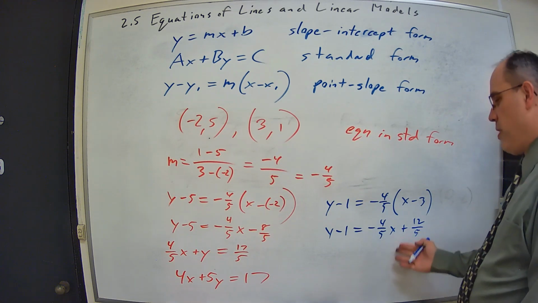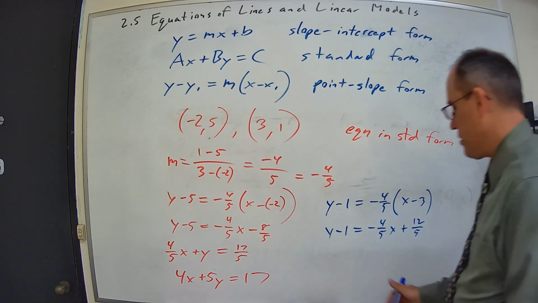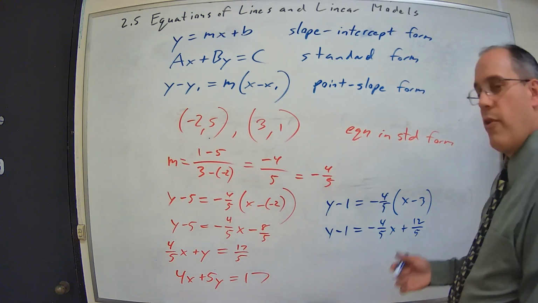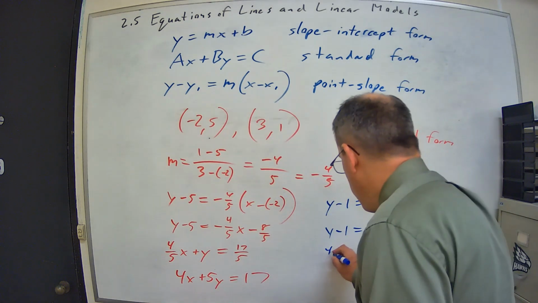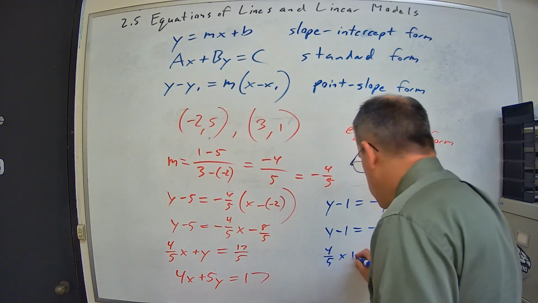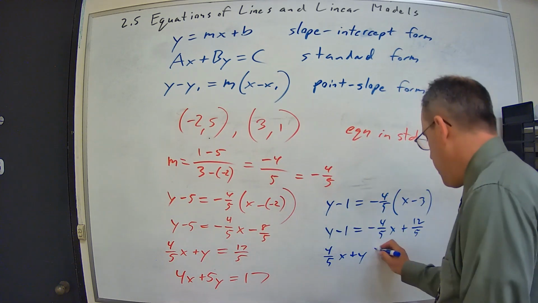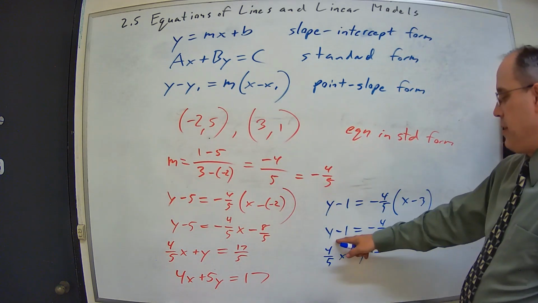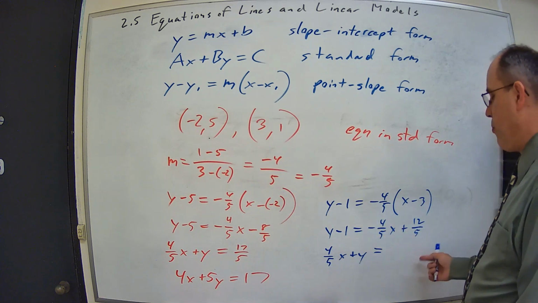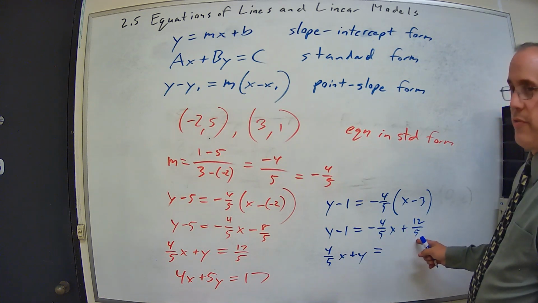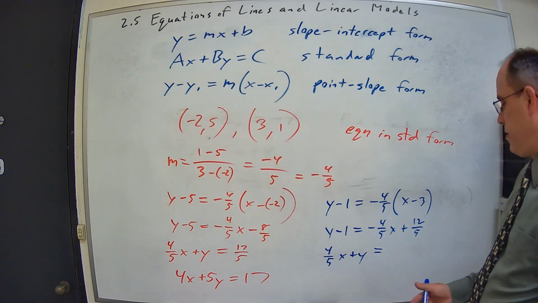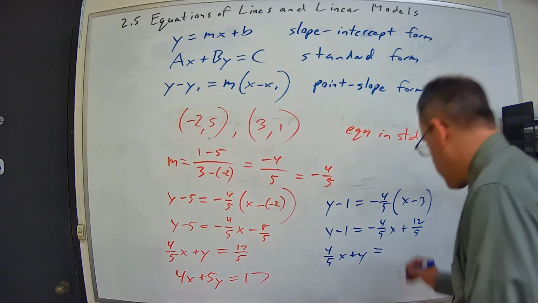I'm going to move the x over to that side. So I'm going to add 4/5 x. 4/5 x plus y is equal to, now I've got minus 1, so I'm going to add 1. We're dealing with fifths, so I'm going to add 5/5, which gives me 17/5.